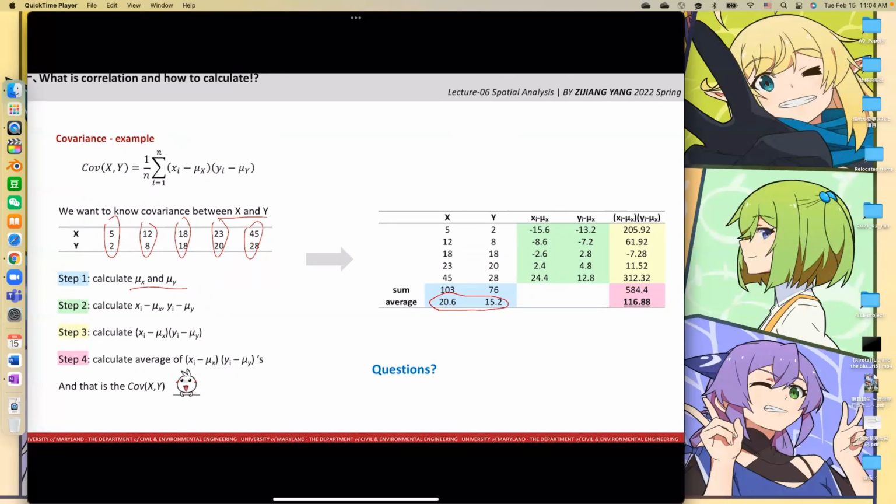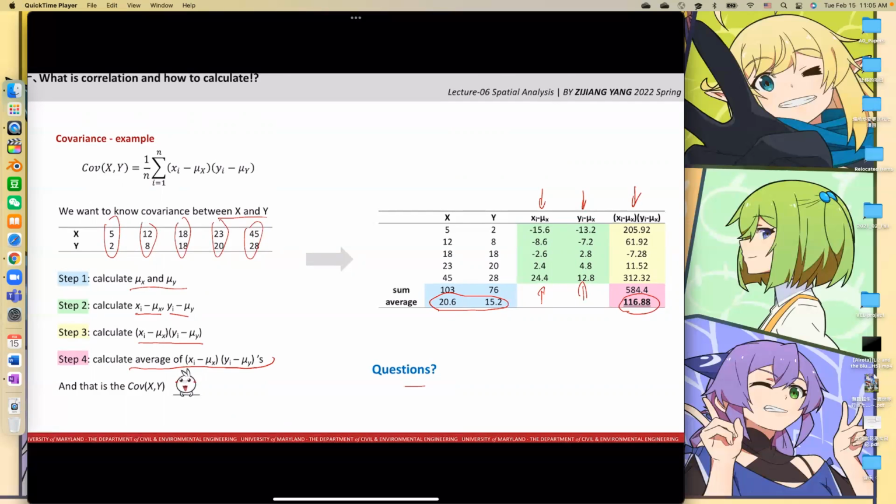Then we calculate each sample value minus the sample mean of x and y separately, so we have these two columns. Then we calculate the cross product of these, so we have the column here. Finally, we calculate the average of this column, and this is the covariance of this data. We can see the covariance is positive and it is about 100.